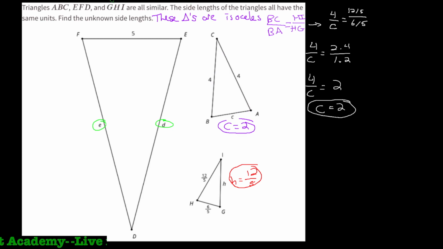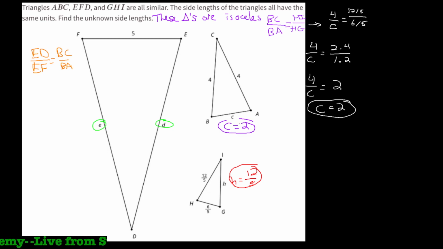Let's do it in red this time, or orange maybe. I can say ED over EF should be equal to BC over BA.